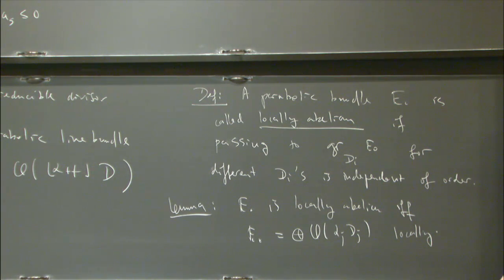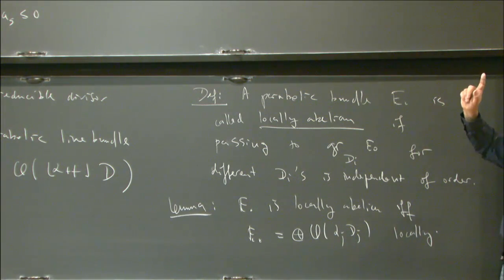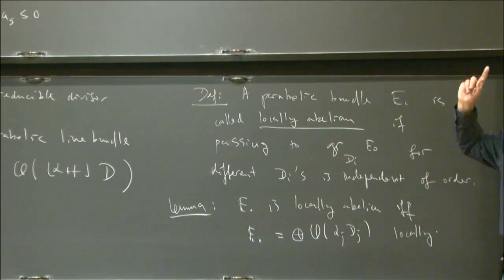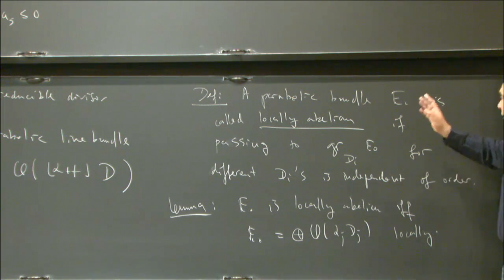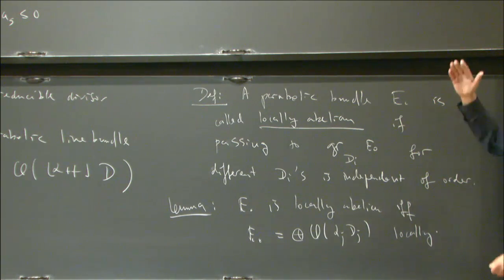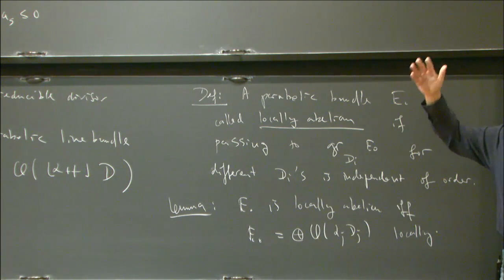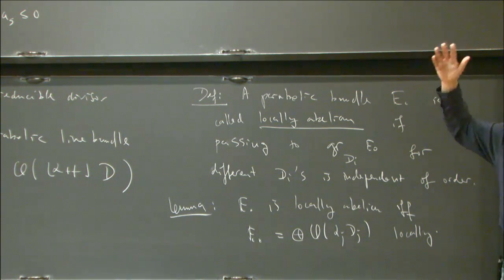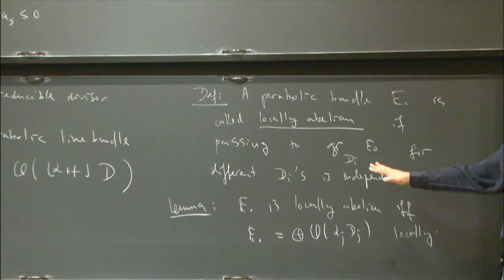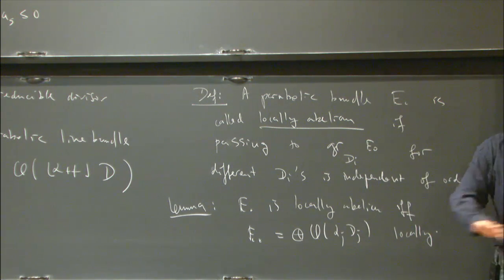And what Mochizuki noticed is that this is the correct condition. So when I wrote Mochizuki's theorem last time, what the theorem really says is that tamely ramified parabolic local systems for which the underlying bundle is locally abelian are the same as tamely ramified parabolic Higgs bundles for which the underlying bundle is locally abelian. And that's where the non-abelian Hodge correspondence really works.